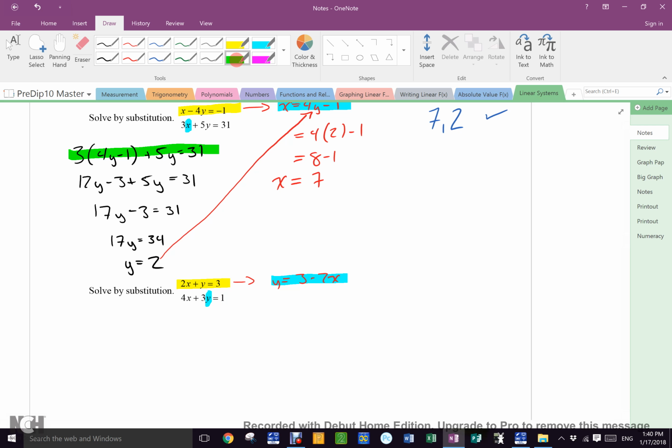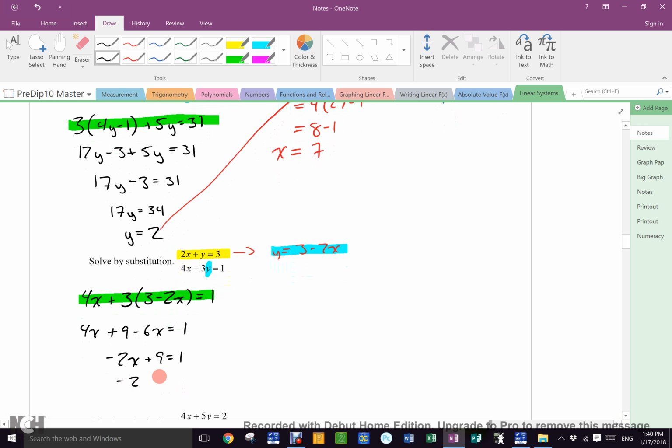That gives me a new equation. 4x, oops, idiot. 4x plus 3, not y. 3 minus 2x equals 1. There's my third step. Solve it. 4x plus 9 minus 6x equals 1. Negative 2x plus 9 equals 1. Negative 2x equals negative 8.